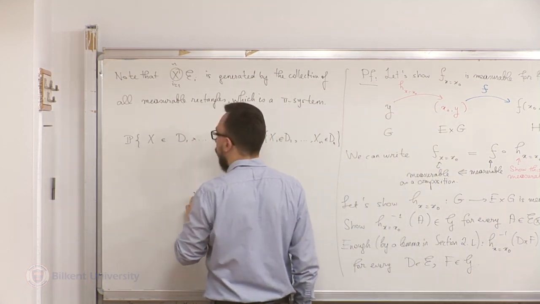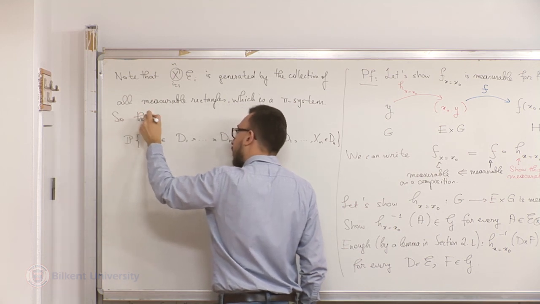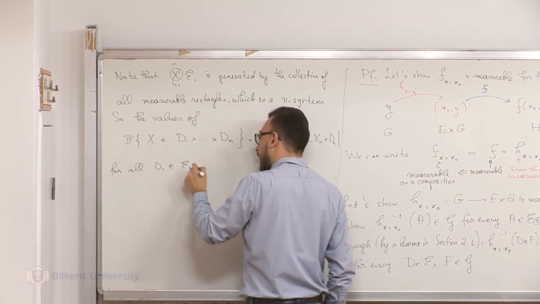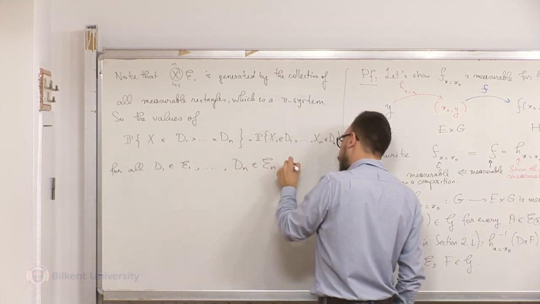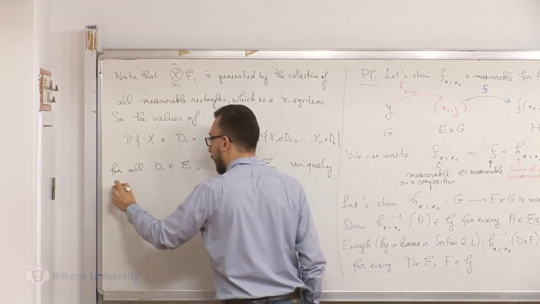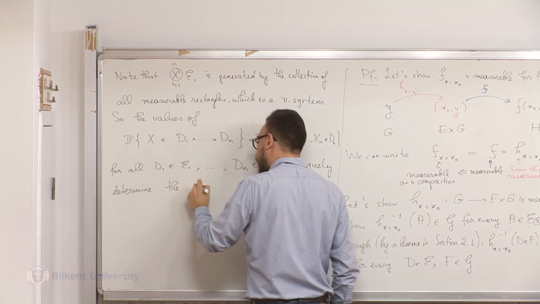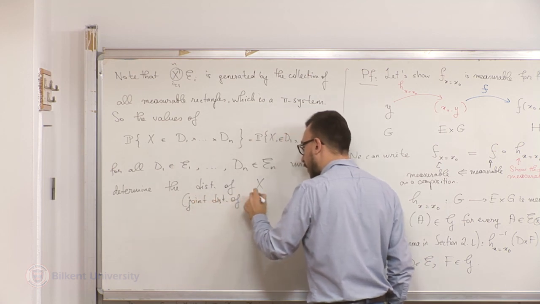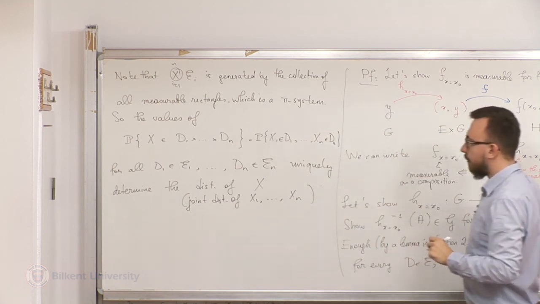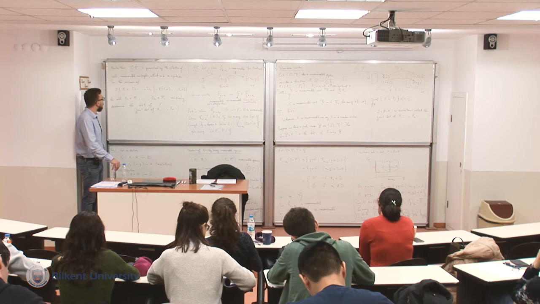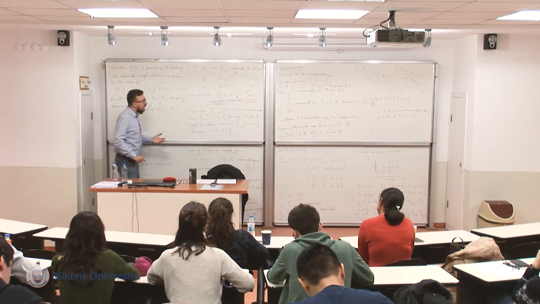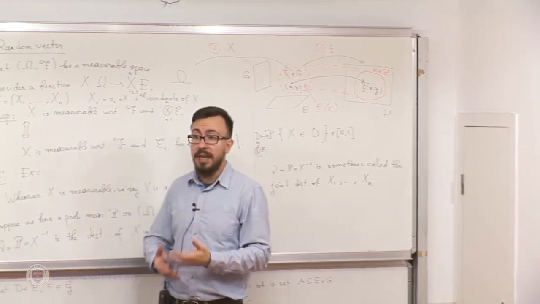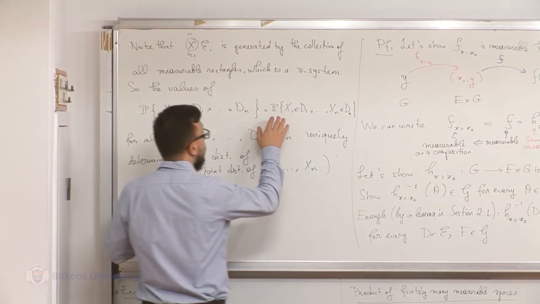So the values of this for all D_1 in E_1 and D_n in E_n uniquely determine the distribution of X, which is the joint distribution of components. So you don't have to worry about very ugly sets in the product space, because the distribution of your random vector is entirely characterized by probabilities of this form.